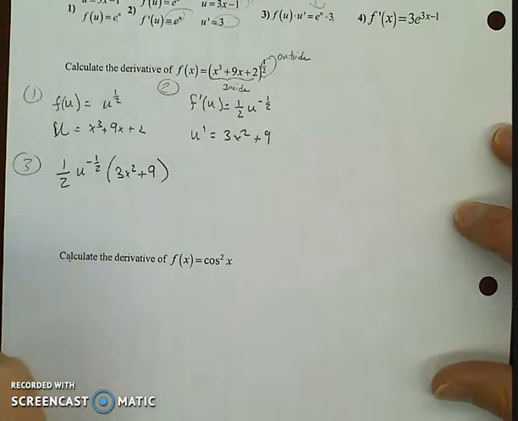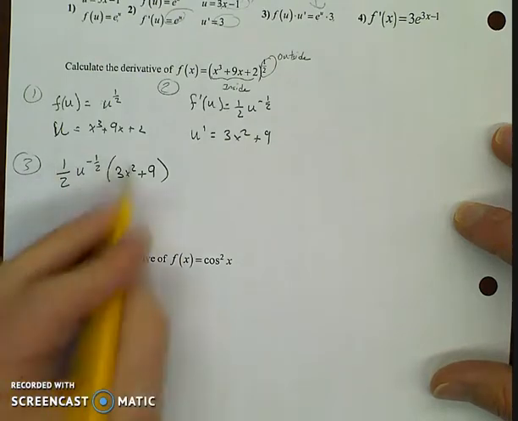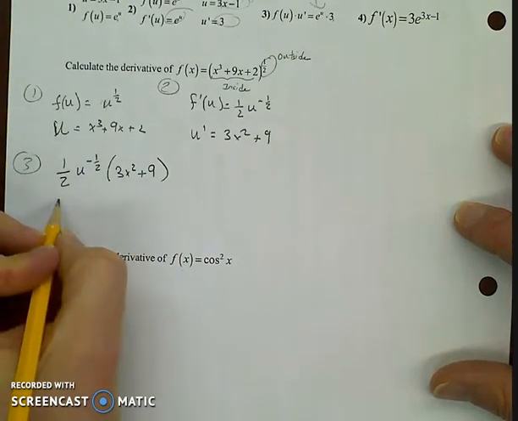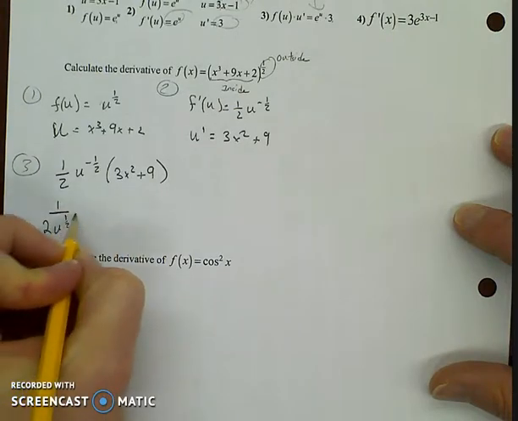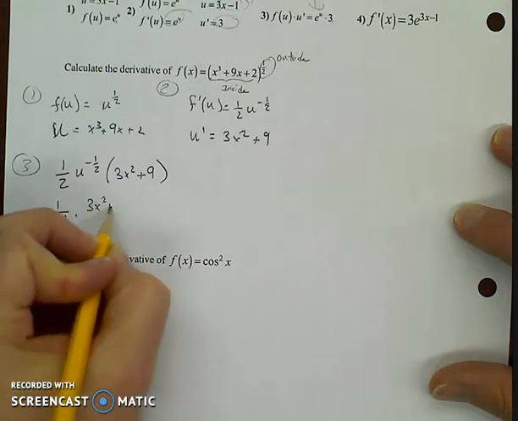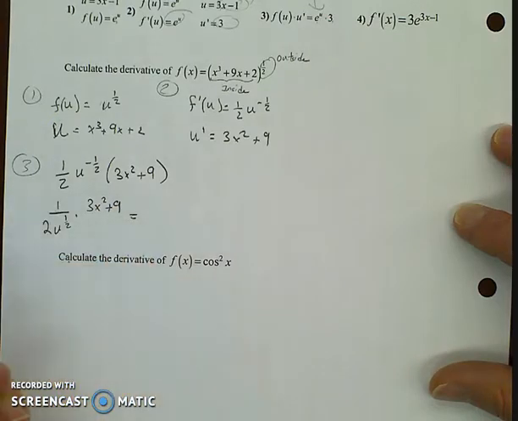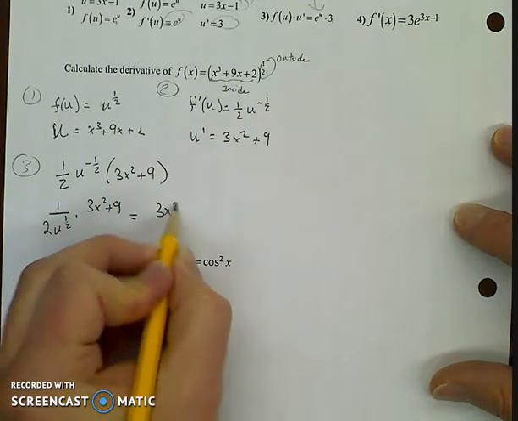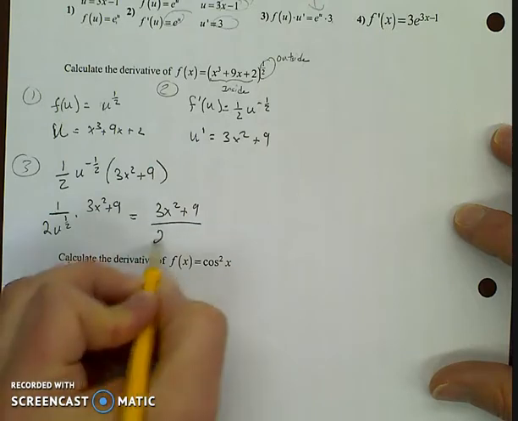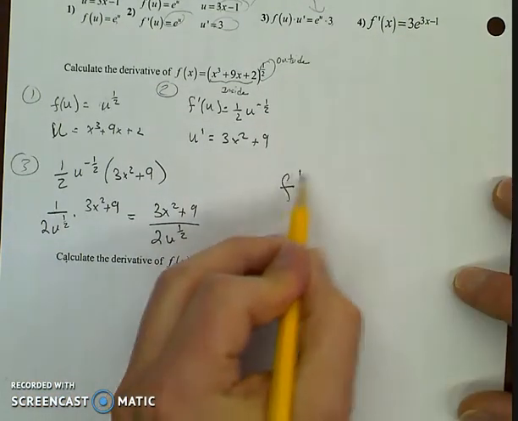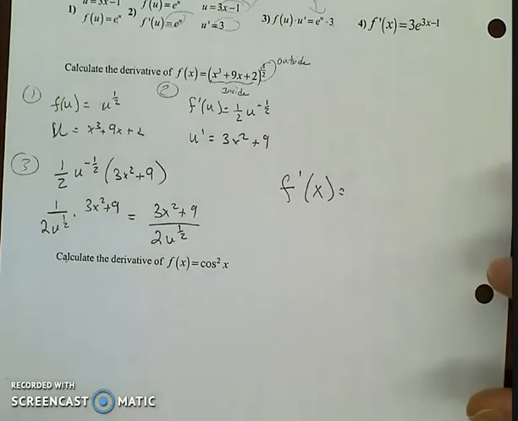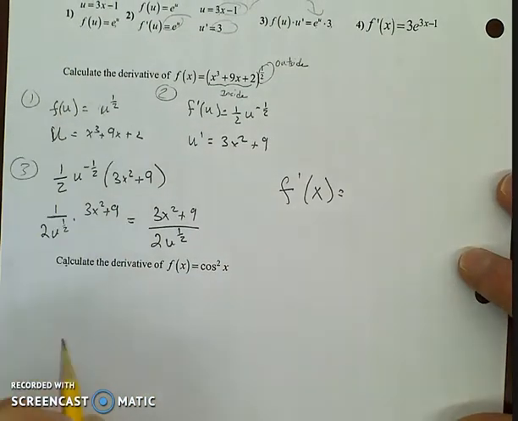Right here, sometimes people think it's easier to simplify first with this portion of it. So I'm going to bring down the u to the 1/2 multiplied by 3x squared plus 9, which we can also say is 3x squared plus 9, all divided by 2u to the 1/2. So the final step, and we can call this f prime of x. I apologize for not using notation here.